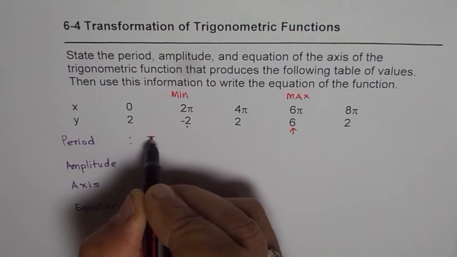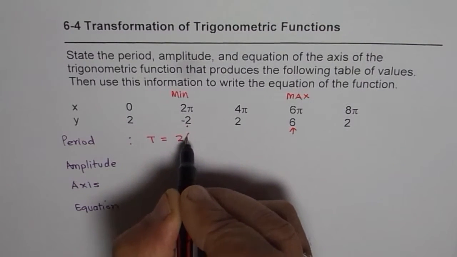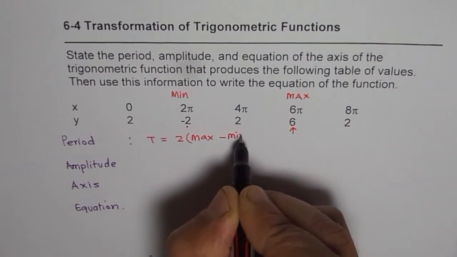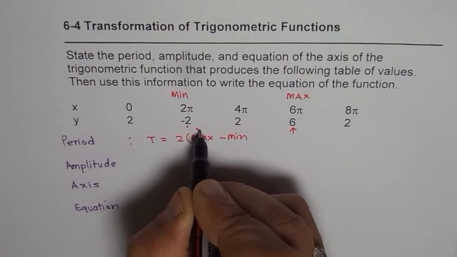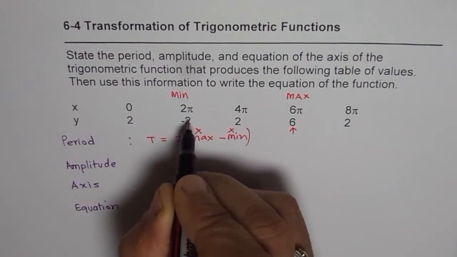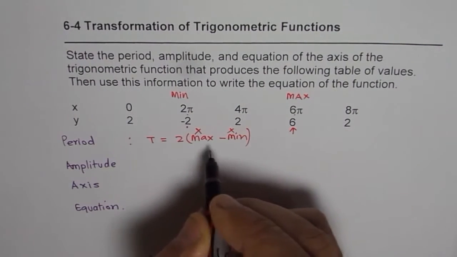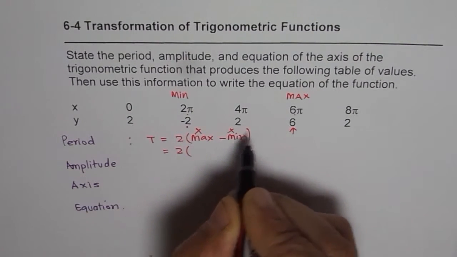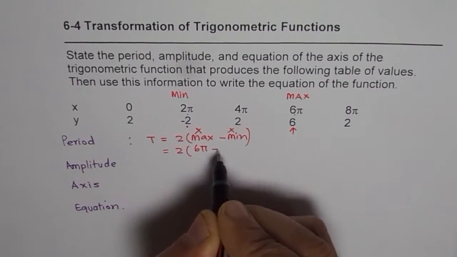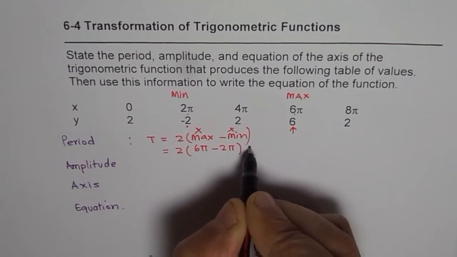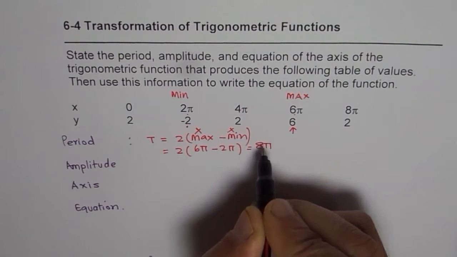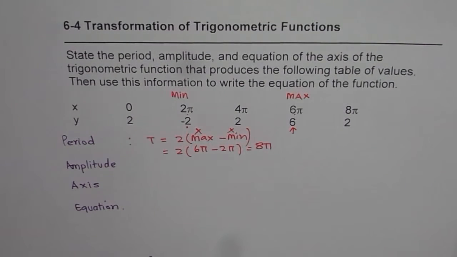The time period T equals 2 times the maximum x value minus the minimum x value. These are the x values, not the y values, where it happens. So it is 2 times 6 pi minus 2 pi, which is 4 pi times 2, which is 8 pi. So the time period is 8 pi for us.